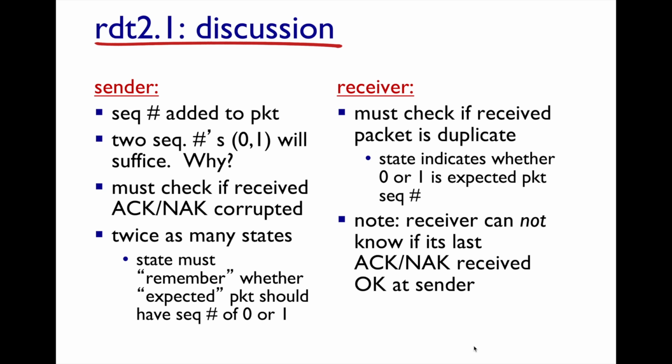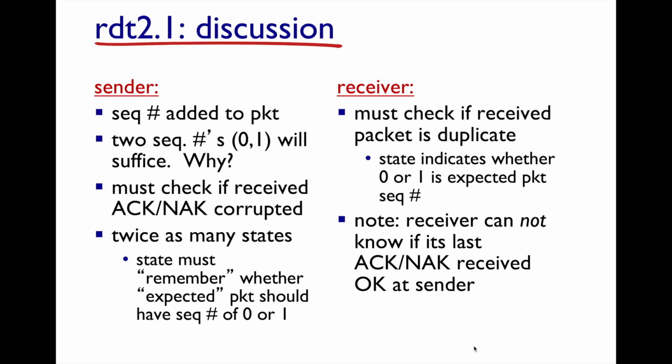But there was a problem here. The receiver has to check if a received packet is duplicate. Now remember, if it was waiting for packet 1 and it got a packet 0, it sent an acknowledgement for that packet 0, which was out of order. Now, of course, this receiver has to indicate whether it expects the 0 or the 1.